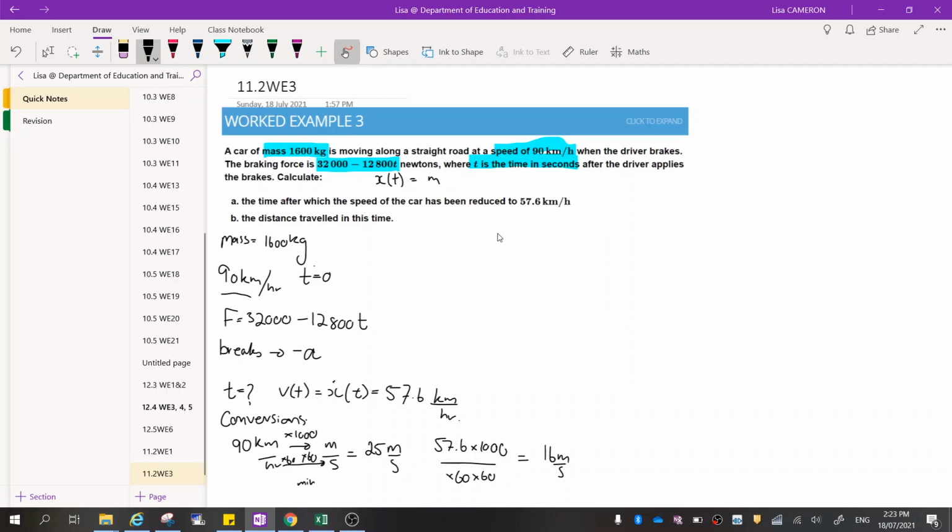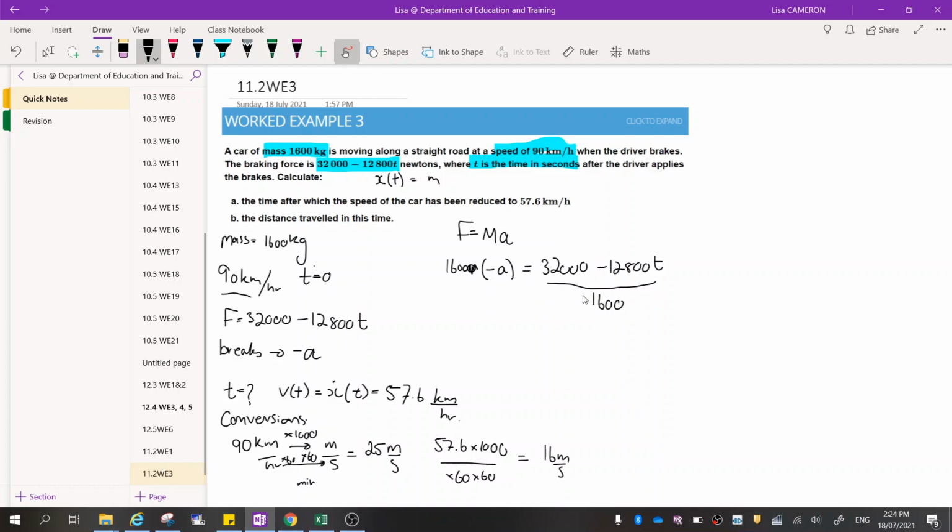So first thing we're going to do is force equals our mass times the acceleration. Now, our mass here is 1,600, and our acceleration is negative acceleration. So that is equal to our force, 32,000 minus 12,800 t. And what I'm going to do is divide all of this by the 1,600.